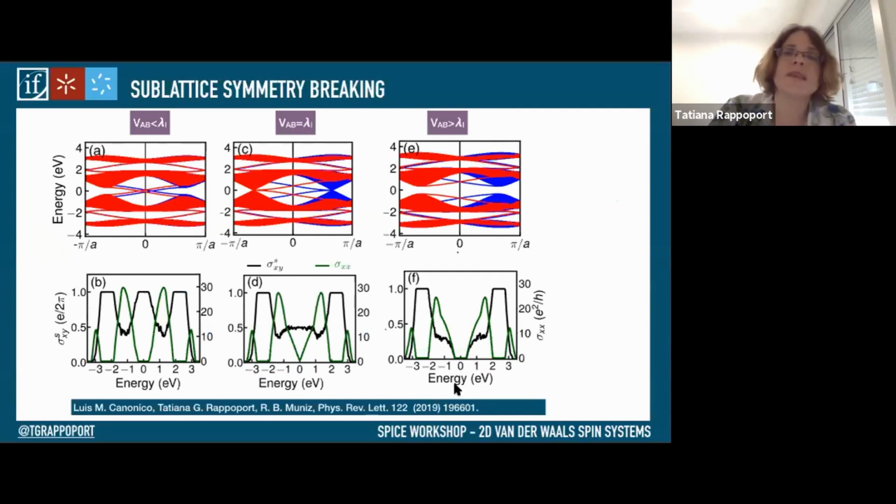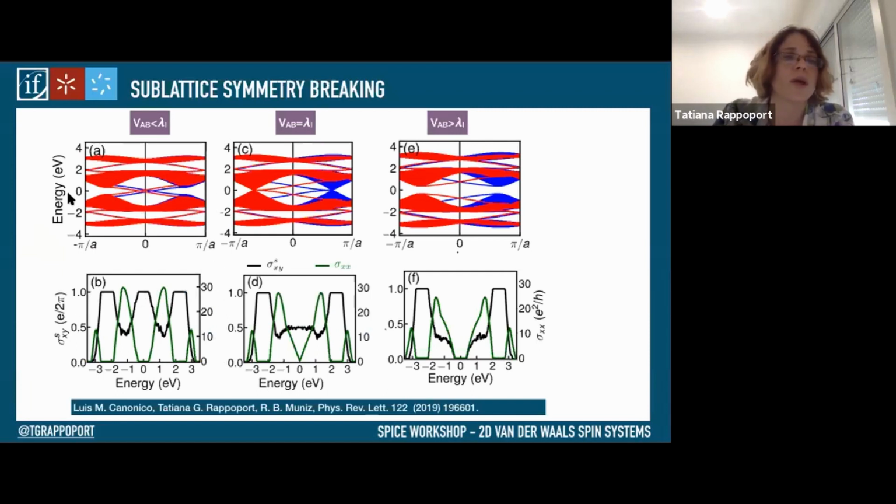Well, similar to the Kane-Mele model, if we break sublattice symmetry, the system can undergo a topological phase transition. Here I show the longitudinal conductivity in green and the spin Hall conductivity in black, and we can see three nice plateaus.